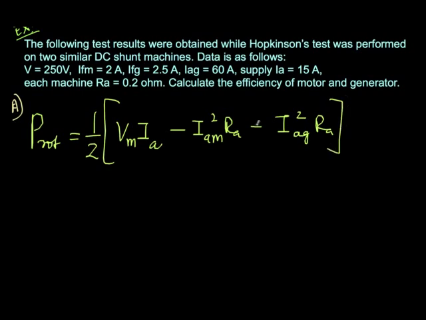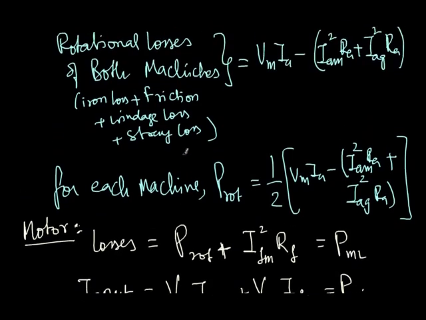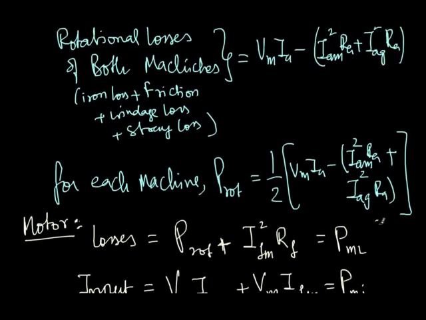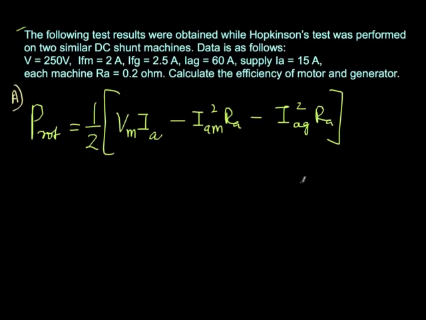So these are the copper losses in both the armatures. This is the total power supplied to both the armatures. Therefore, that gives the rotational losses. So this formula we had written earlier somewhere here. So this one. This is exactly the same formula I have just taken, and then I'll be calculating this.